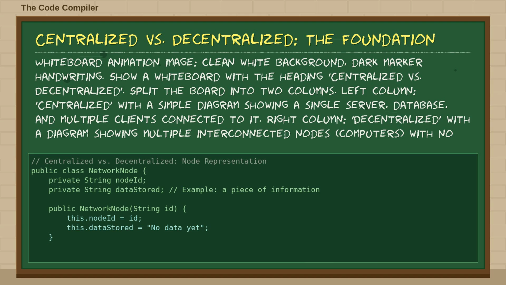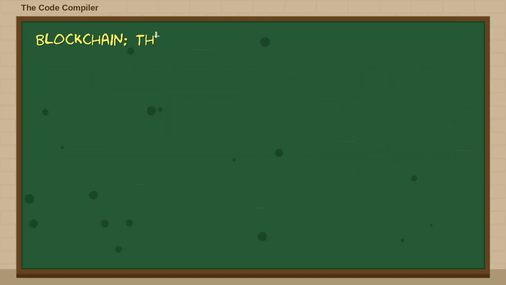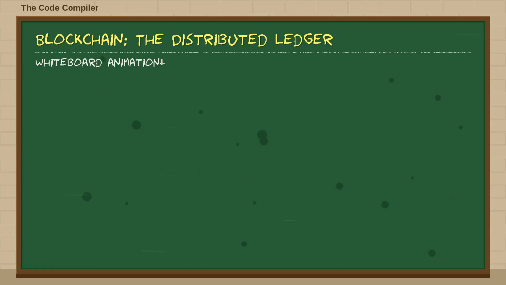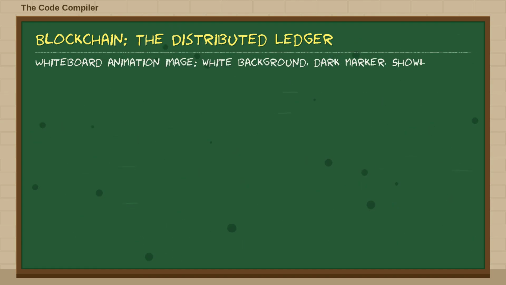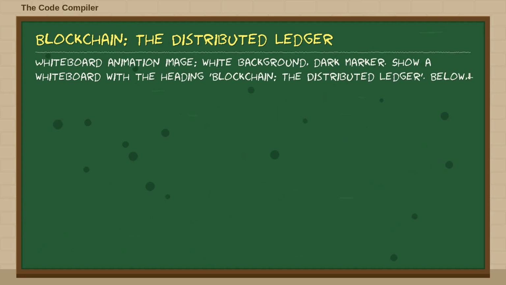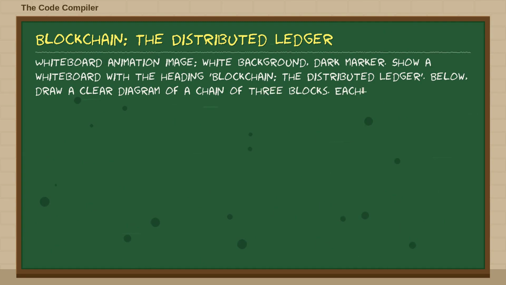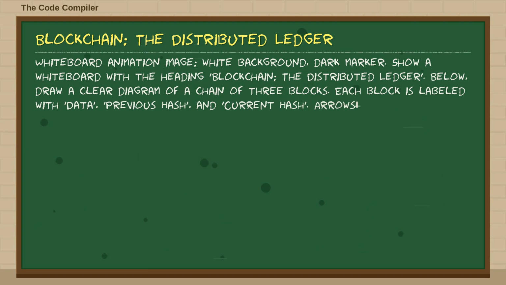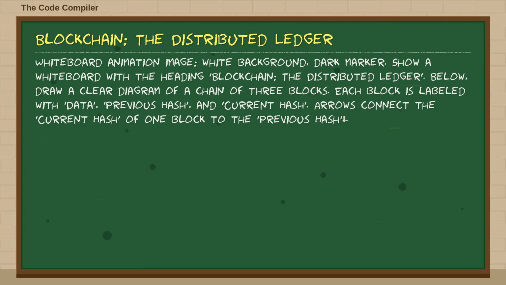Landscape 16:9. Whiteboard animation image, white background, dark marker. Show a whiteboard with the heading blockchain, the distributed ledger. Below, draw a clear diagram of a chain of 3 blocks. Each block is labeled with data, previous hash, and current hash.